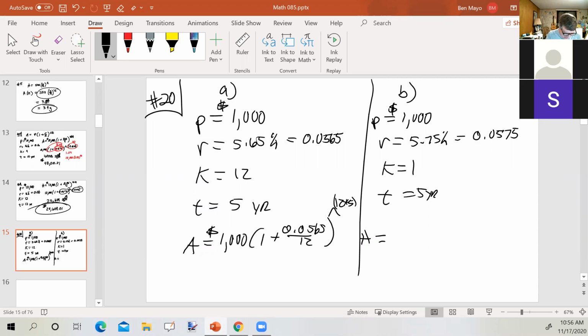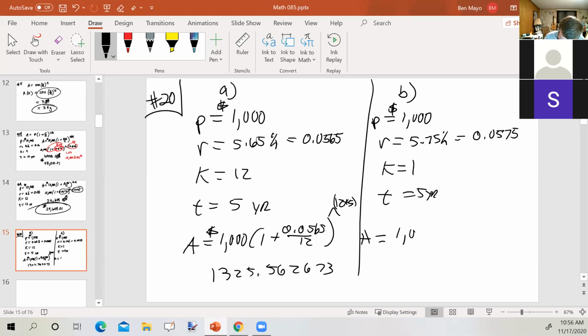Okay, so when I do that, 1,000 parentheses 1 plus 0.0565 divided by 12, close it up, raised to the parentheses 12 times 5 power. I get 1325.562673.